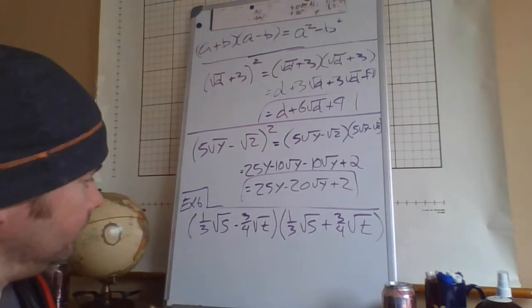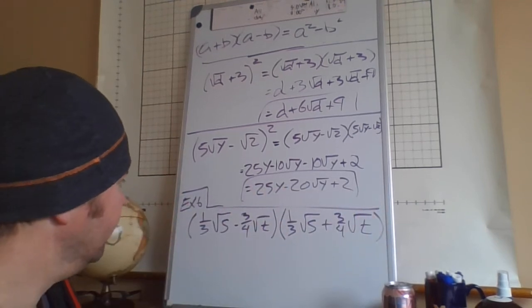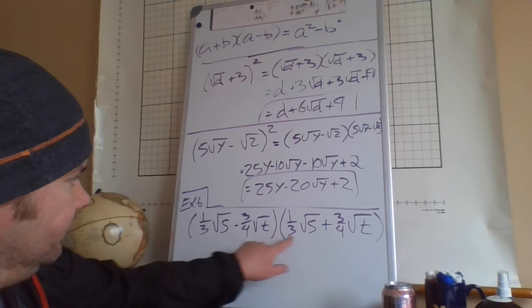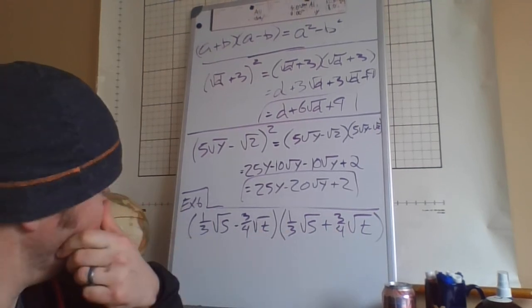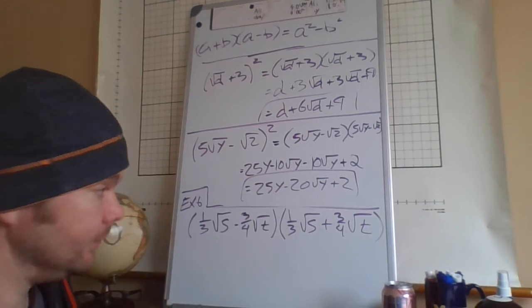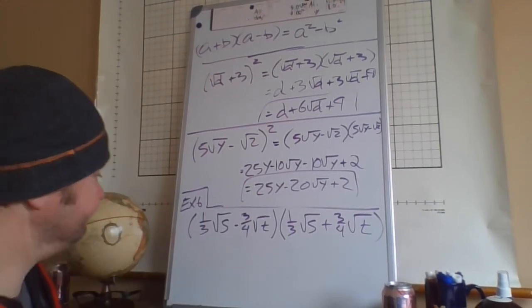It's a mess of fractions and all kinds of stuff, but this is the same as this, and these are opposites. I can save myself maybe 15 seconds by recognizing this is a conjugate pair.